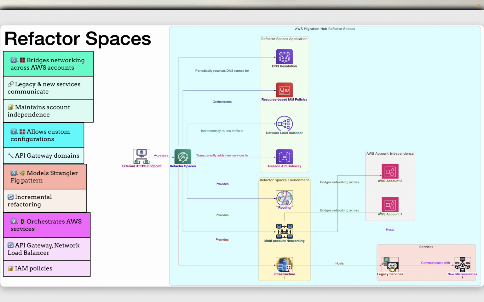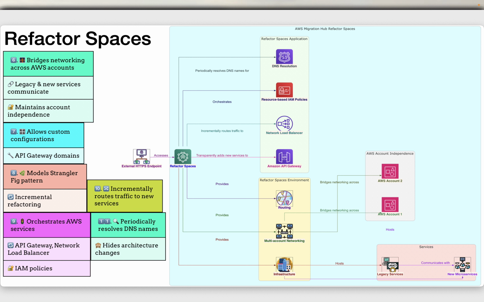So this lets you transparently add new services to external HTTP endpoint. With refactor spaces, you can incrementally route traffic to new services, which allows for gradual transition and reduced risk. Refactor spaces periodically resolves DNS names for the services, keeping underlying architectures changes hidden from your application consumers.